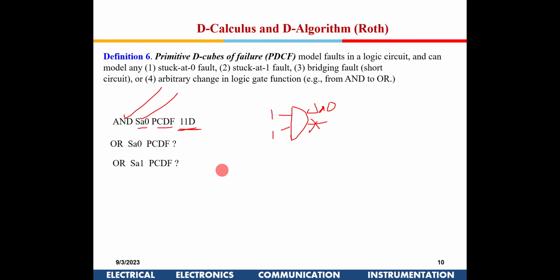X0 and D, or 0xD? No, it's an OR gate. Stuck at 0 means I need to push a 1 here. So should it be 1xD or x1D?